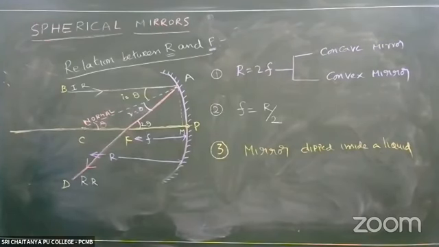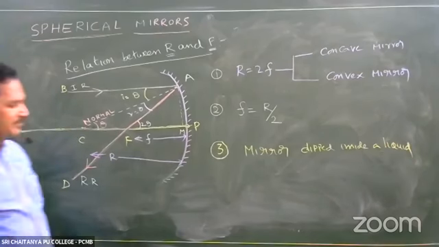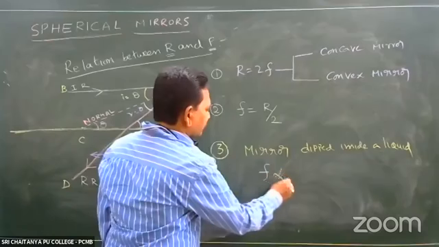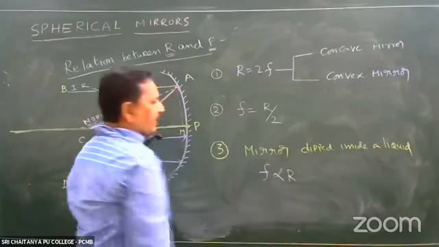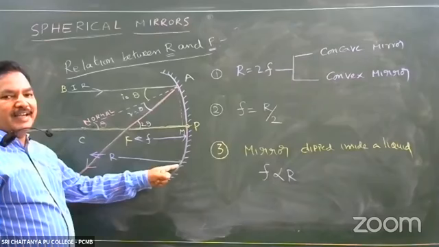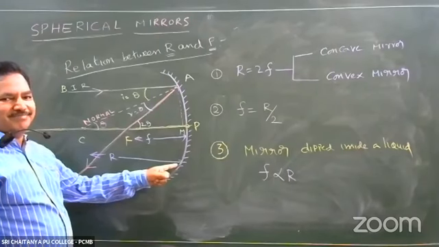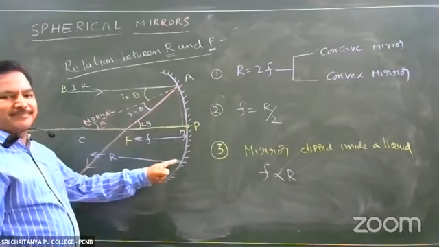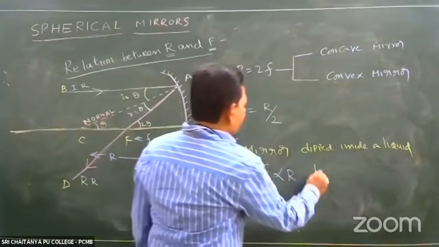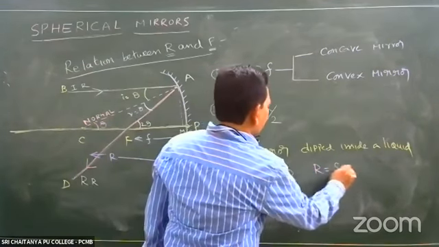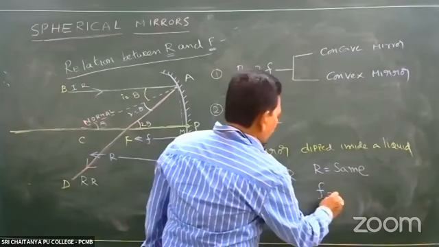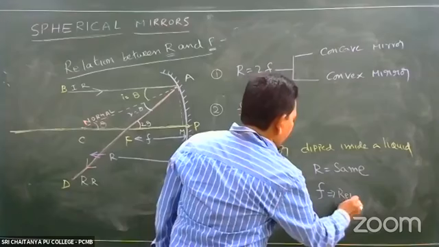Whenever the mirror is dipped inside the liquid, F depends only on R, the radius of curvature. If the mirror is dipped inside a liquid, the radius of curvature will not change. It will not bend. It will be the same. Since the radius of curvature remains the same, the F value also remains the same.